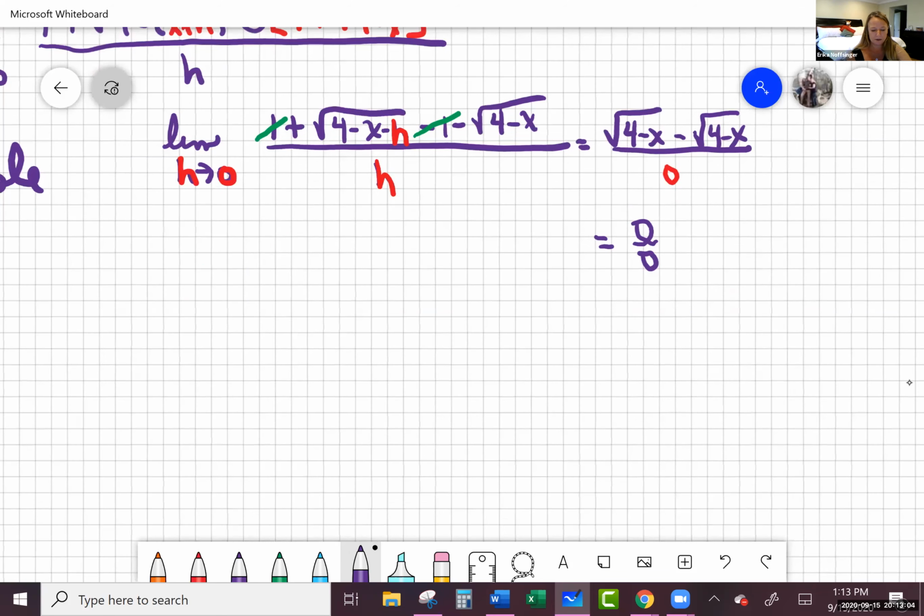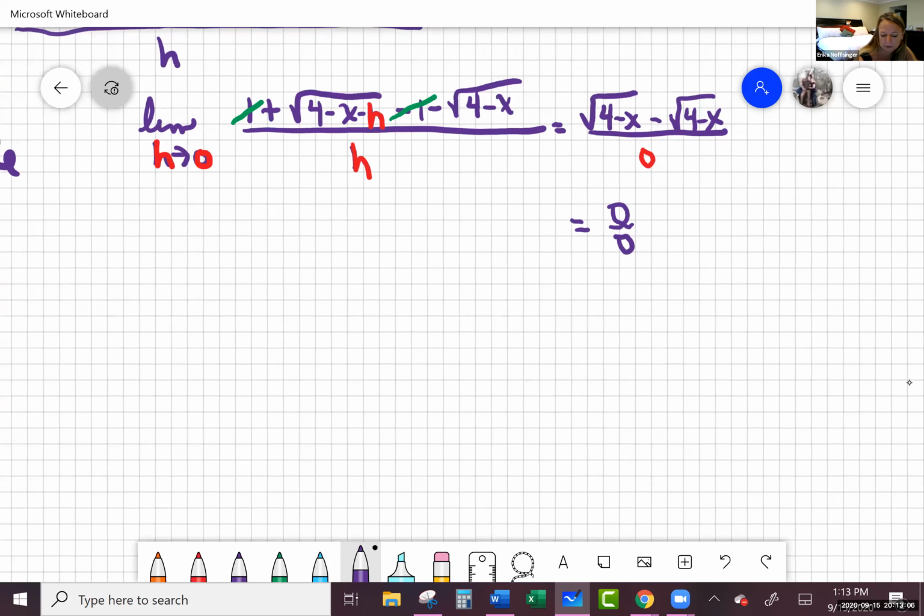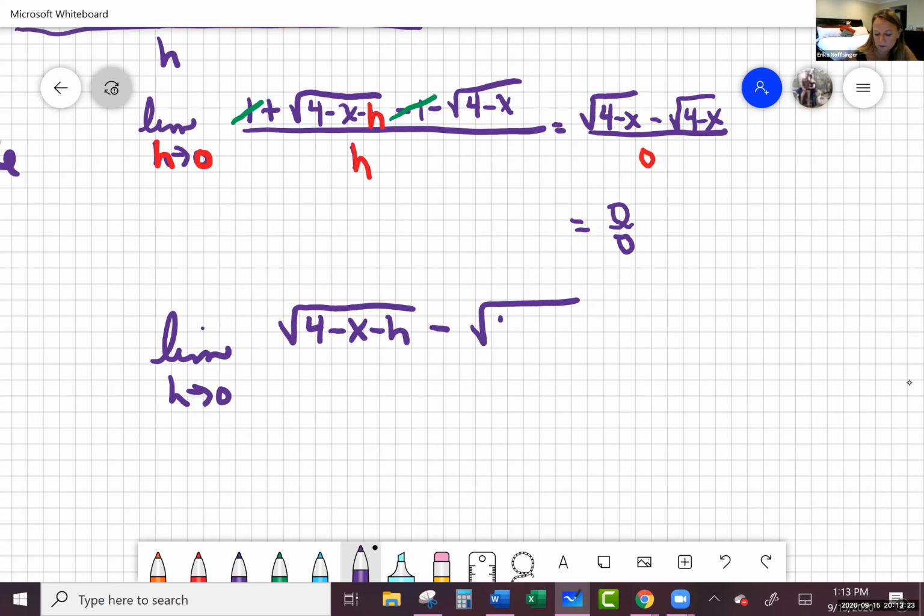Okay, so with radicals, the way to manipulate it is to multiply by the conjugate of where the radicals are. So right here, if I rewrote this, this is the square root of 4 minus x minus h, and then I had a minus out front, minus the square root of 4 minus x, all over h.